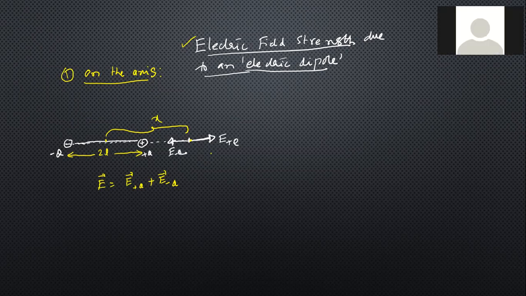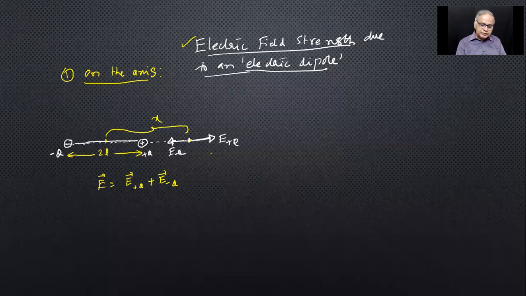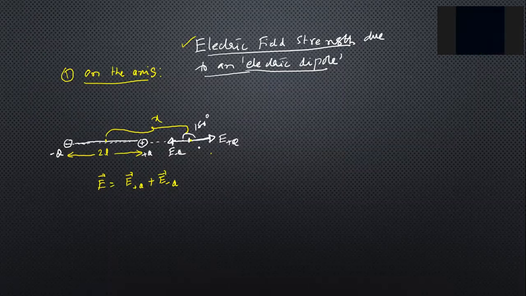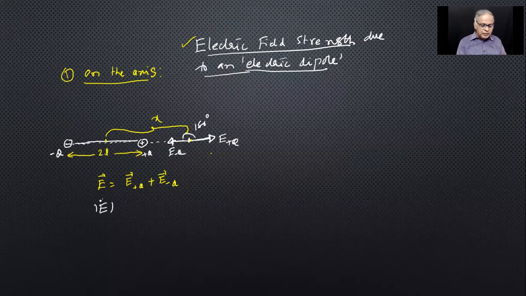E due to plus q will be more. Why? The distance is less. E due to minus q will be less, the distance is more, by r square all the time. So the angle between the two is how much? 180. They're opposite. So mod E will be simply the mod of this one minus this one.